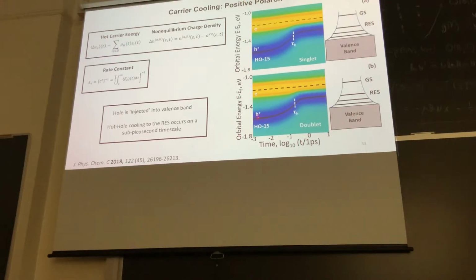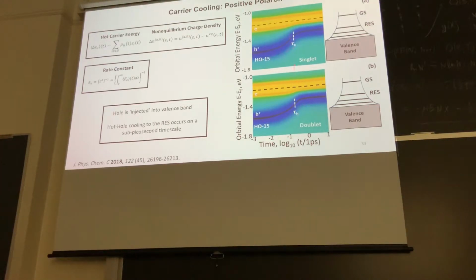So we can imagine that we inject a hole, like we hook up some sort of molecular lead, and we just put a hole in the valence band. And eventually that hole is going to cool to that relaxed excited state for the polaron and be pretty stable there for a while.